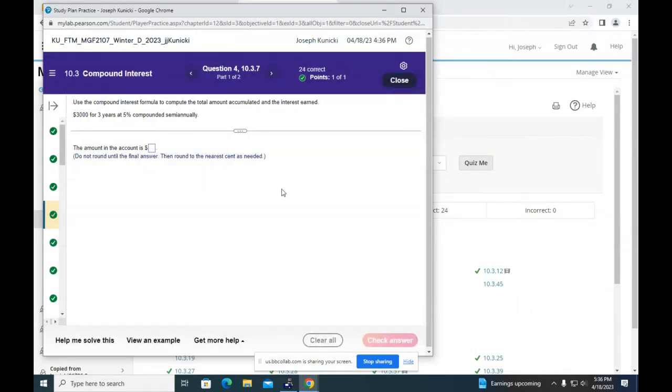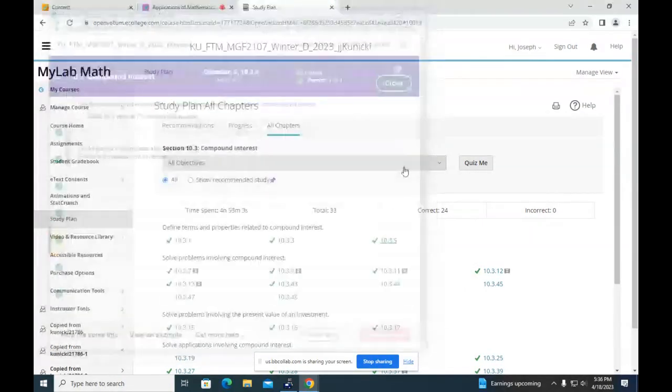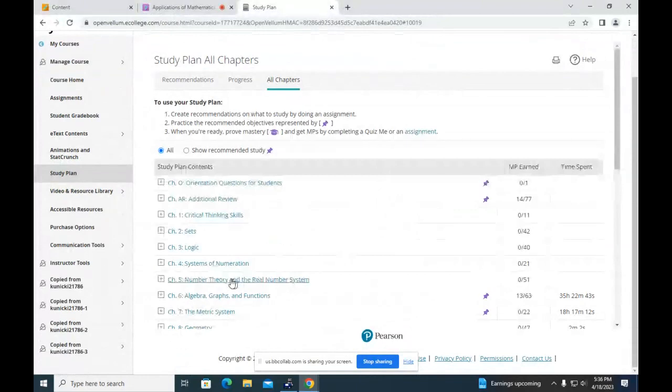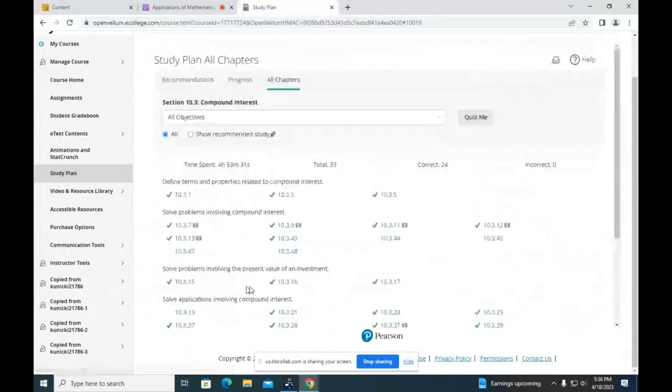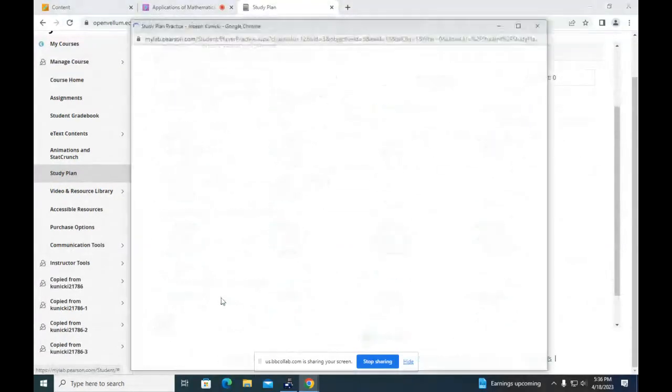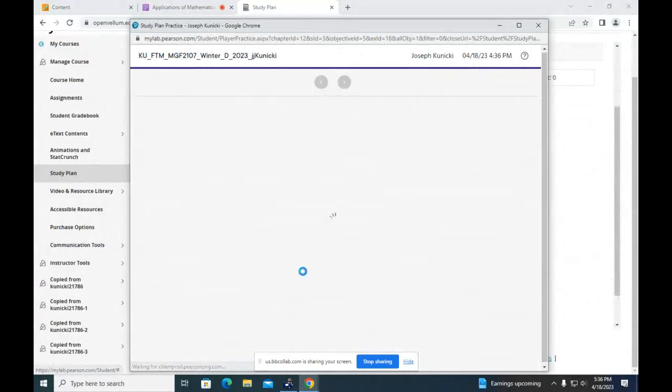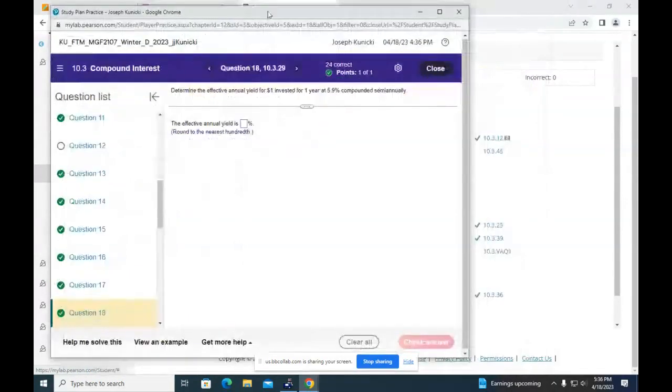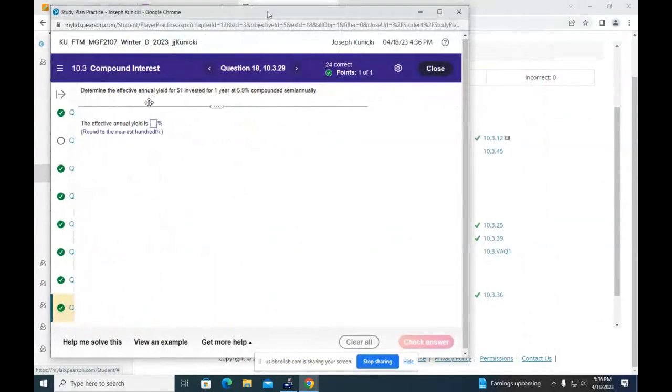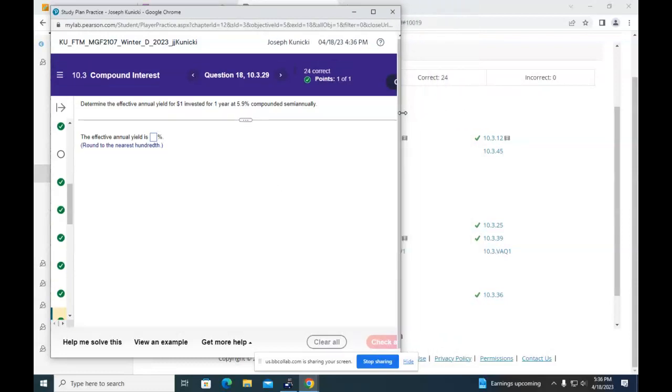Let's see, we got to go to 29. It's too slow. I'll go this way, he says. Famous last words, 29. All we have to do is use a principal of $1, and that'll give us the APY. See, that's what they even do here. They say, determine the effective annual yield, the APY, for $1 invested at 1 year at 5.9% compounded semi-annually.